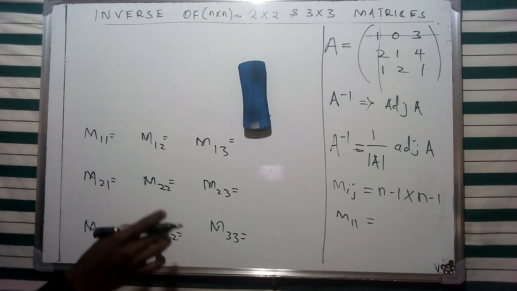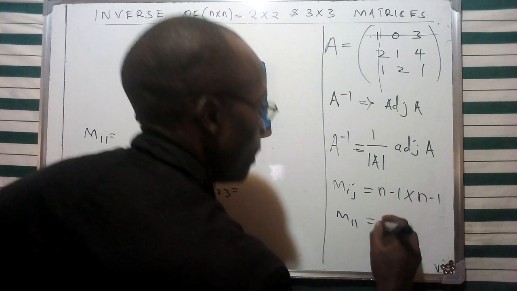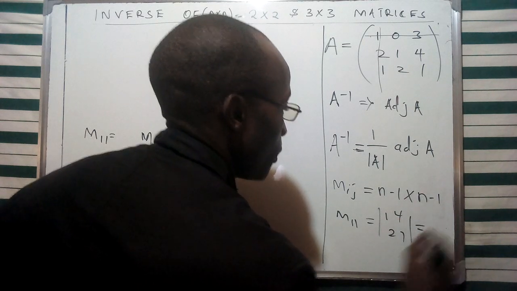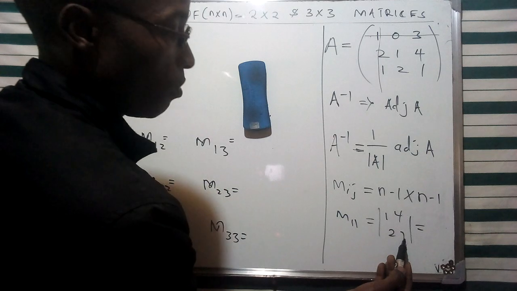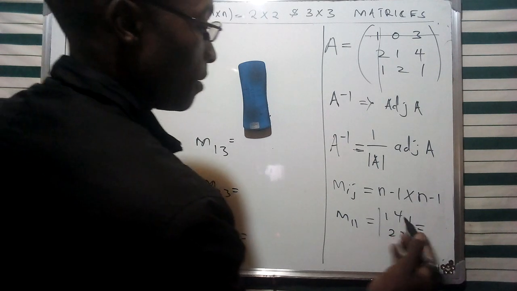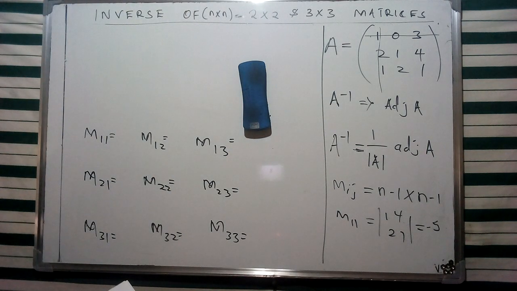And of course, we're going to see that for the first one, as an example, we're going to have this one given as the determinant of 1, 4, 2, 1, which is basically 1 times 1, 1 minus 6. So 1 minus 6 is equivalent to minus 5. And that is going to give me a value for the minor of this first set.